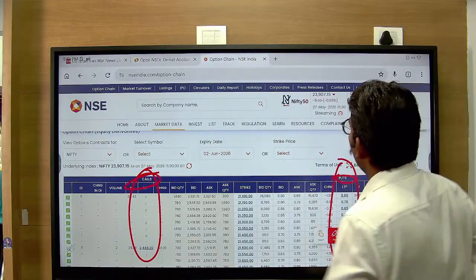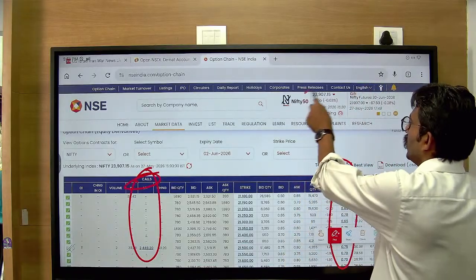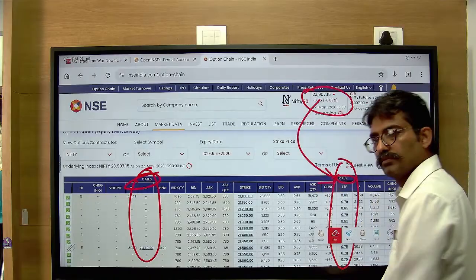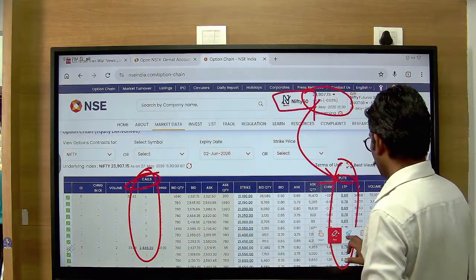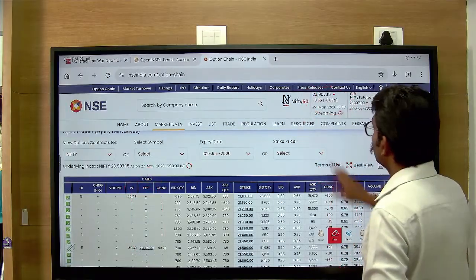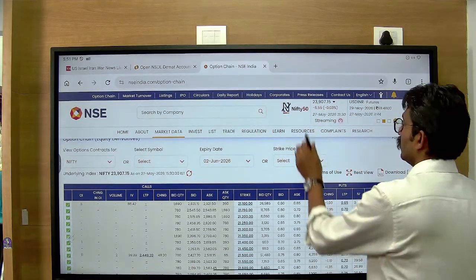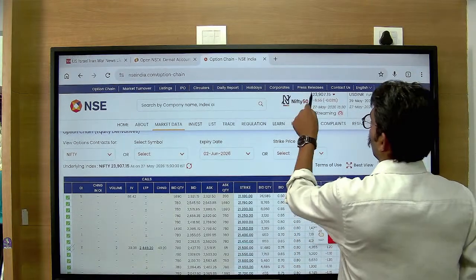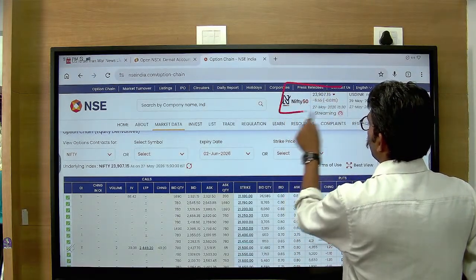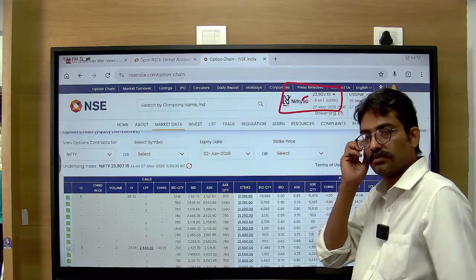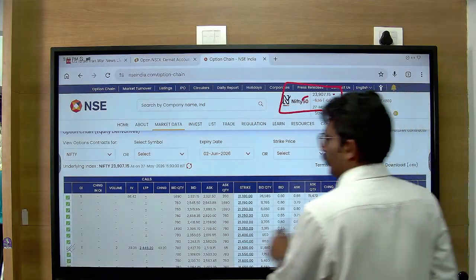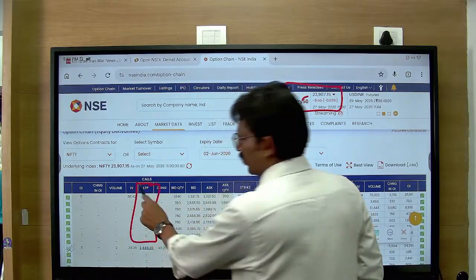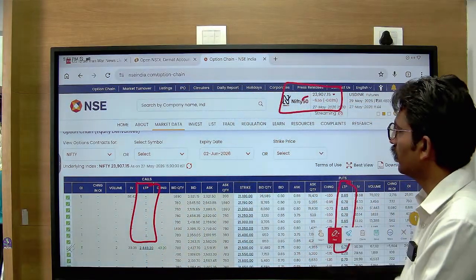The prices have been derived from this one. This instrument is known as, what is the name of the instrument? And the last traded price of Nifty is this one, and this price has been derived. The put prices and the call prices have been derived here. Understood? Is this point clear?